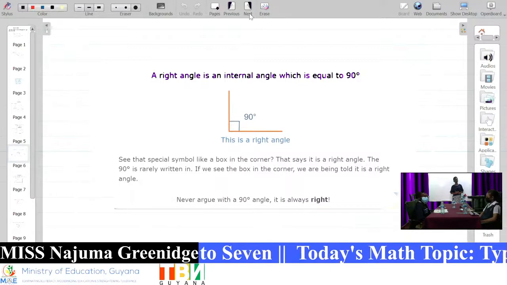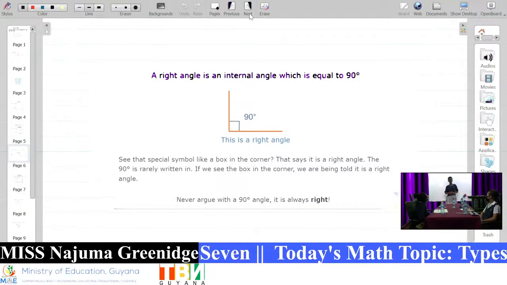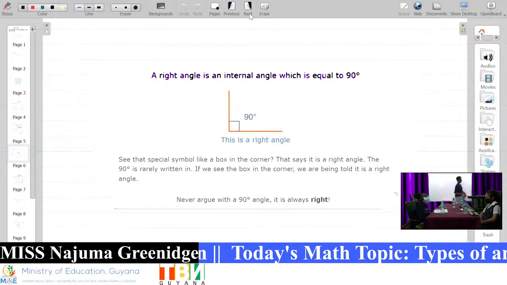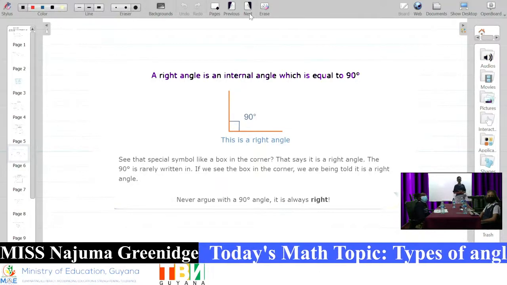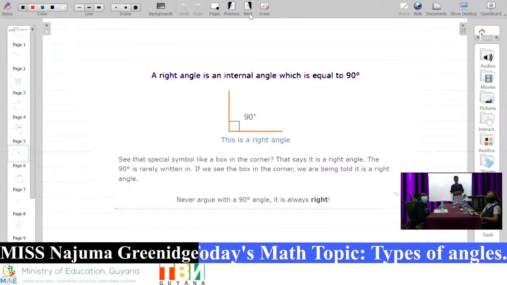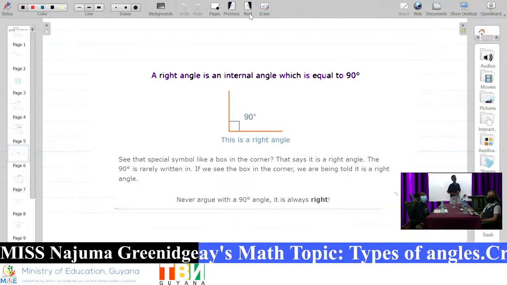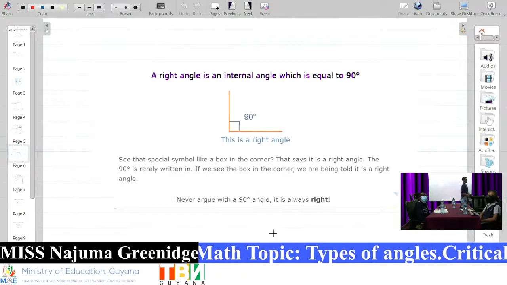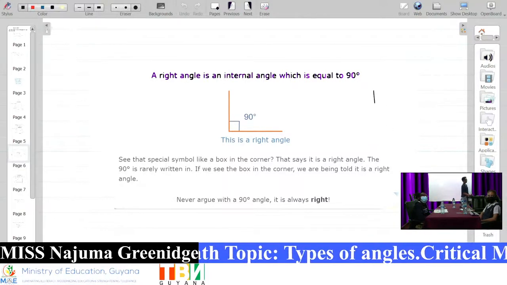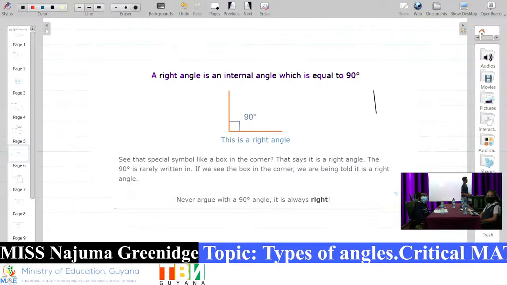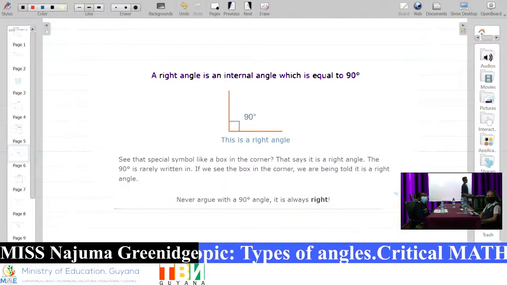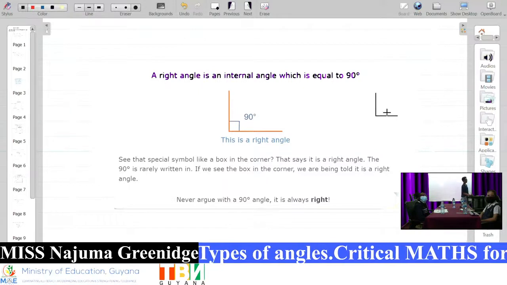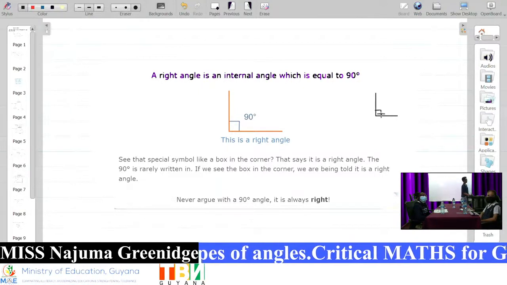All right. Now sometimes with the right angle, you may see the symbol there that looks like a square, where we make a square with the angle. So you may see that, and sometimes you do not see it. So you can just see, for example, let me write this a little straight, like this, like that. And so you just have that.